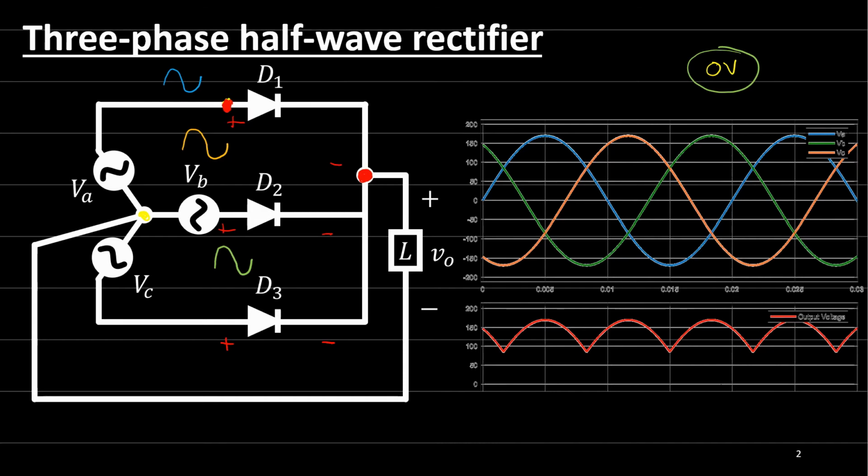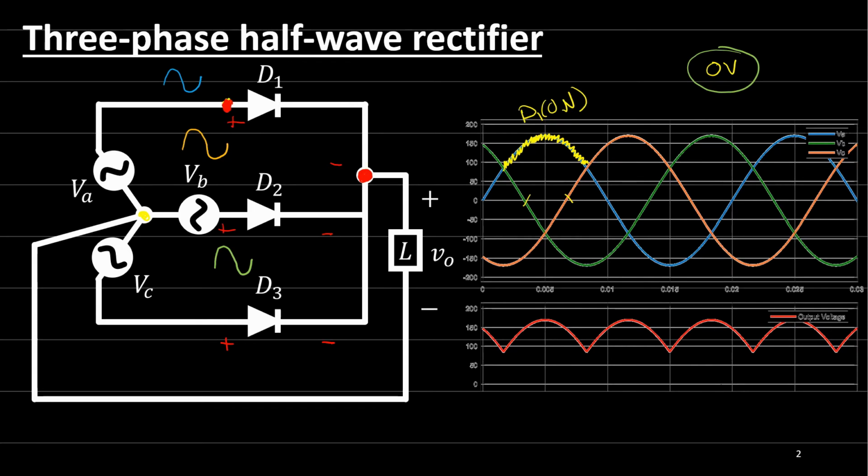So let's have a look at this waveform. When VA, the blue one here, is larger than VB and VC, then at this moment VA is the winner and diode 1 will be on, right?